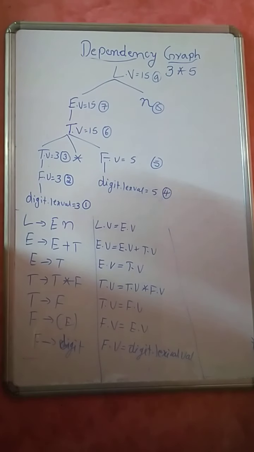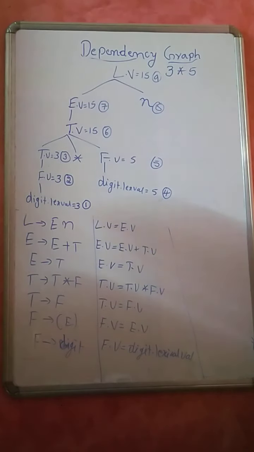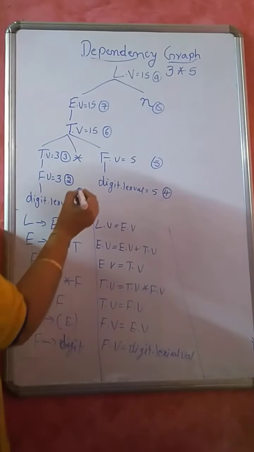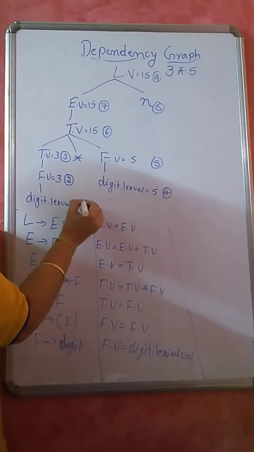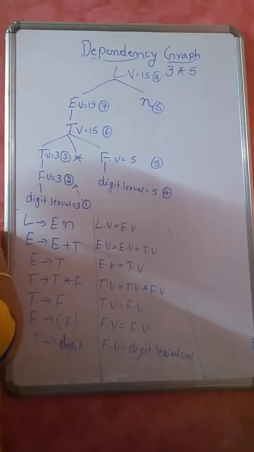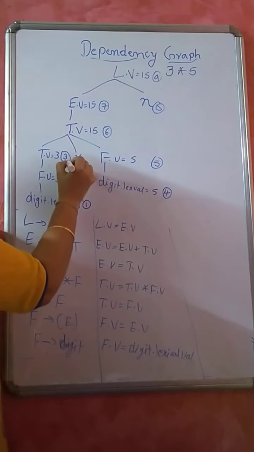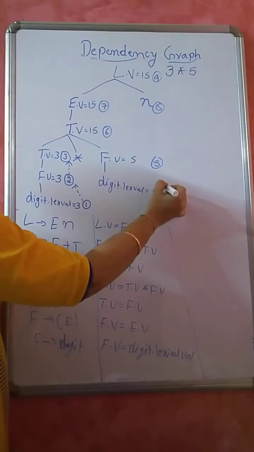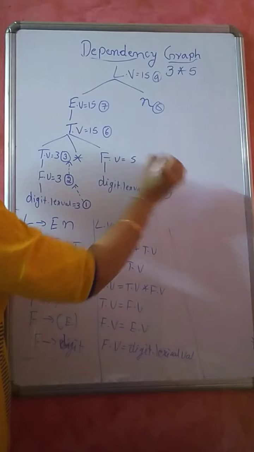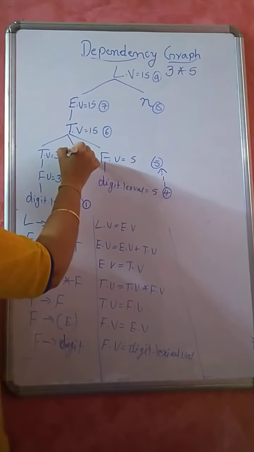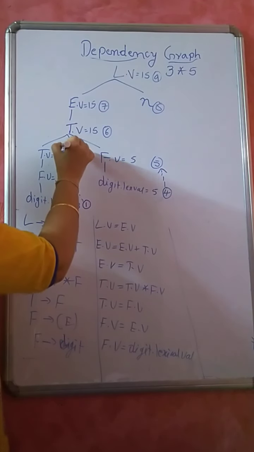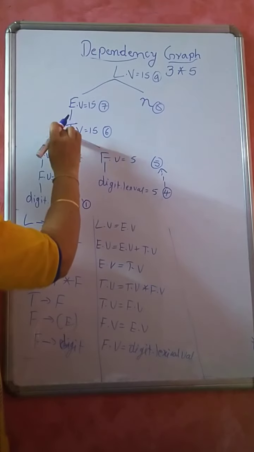Now I'll write the dependency graph in a dotted line. This 1 depends on the value of this. This depends on the value of this. This depends on the value of this. Then here, okay, node.